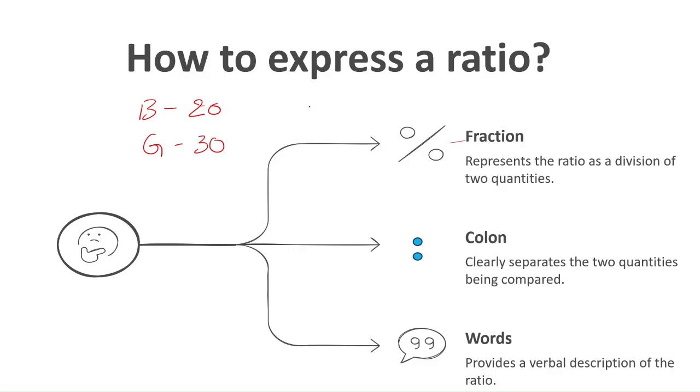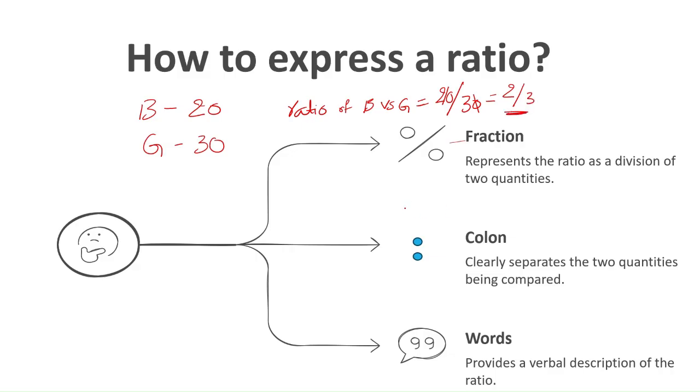The ratio of boys versus girls can be represented as 20 by 30, which is equivalent to, zero zero cancels, then I would have 2 by 3. So this is one way of representing.